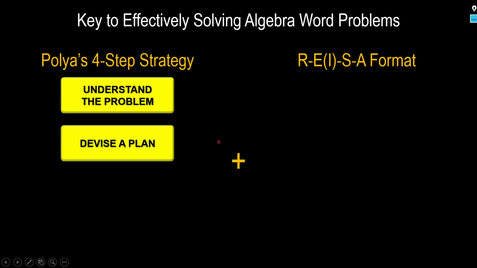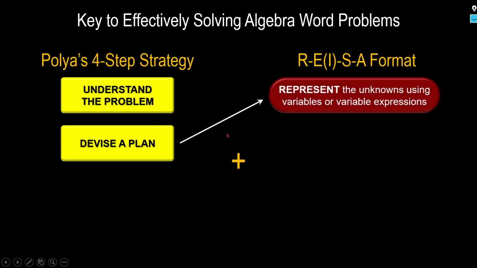Now, number two, devise a plan. No, this is where we can select from among the various heuristics which we also learned in previous terms. But this is actually when the RESA format starts coming in. No? Kumbaga naka-embed siya kay devising a plan, which is stage 2. In that, part of that is representing, no, using variables or variable expressions, the unknown quantities in our problem.